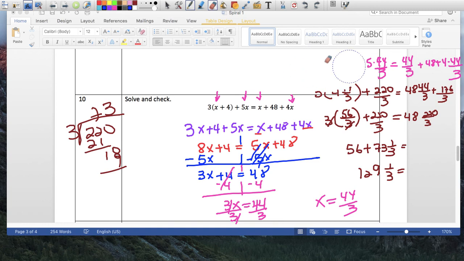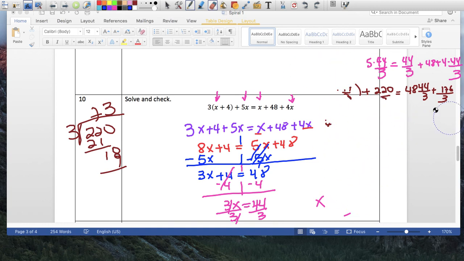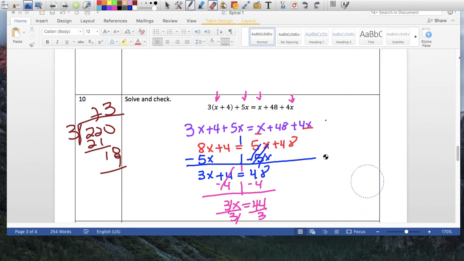Okay, so I shouldn't have given you a problem like this to begin with, only because it defeats the point. Divided by 3, 44 over 3. If you got this far, leave it. I'm not going to waste time, so leave it. You don't have to do check for this one.